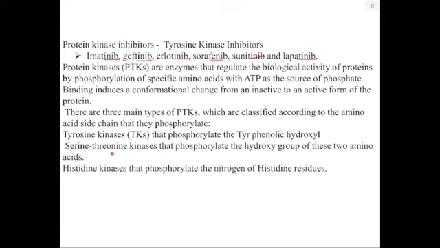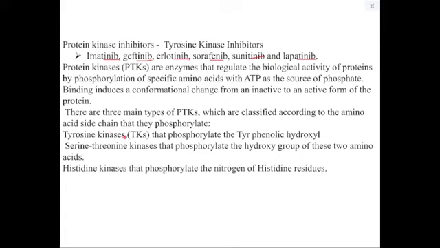We have the serine-threonine kinases. Remember, serine and threonine do have a hydroxyl group. Even when we were looking at dactinomycin, we did mention the threonine and so on. So the serine-threonine kinases phosphorylate the hydroxyl group of these two amino acids. Then you have the histidine kinases that phosphorylate the nitrogen of the histidine residue. So we have mainly those three.